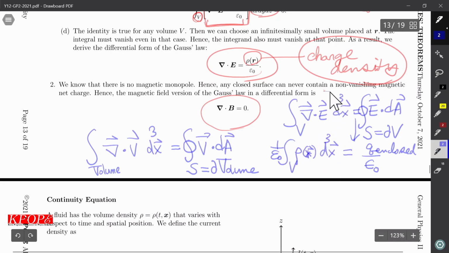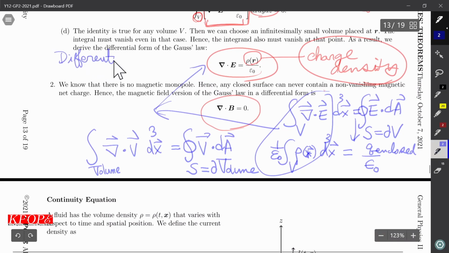From this, we obtain the differential form of the Gauss law.